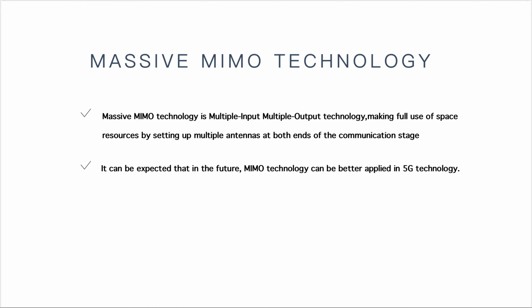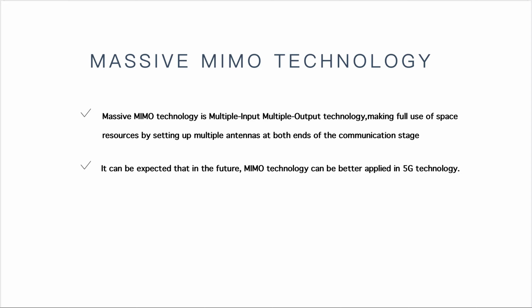And the next important technology is massive MIMO technology, which means multiple input and multiple output technology, making full use of space resources by setting up multiple antennas at both ends of the communication stage.